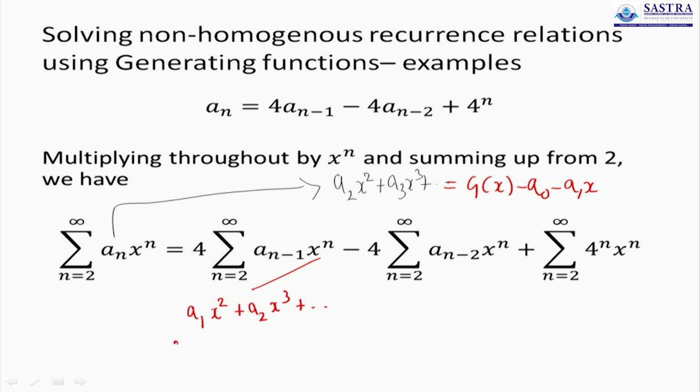So what we will do is we will write this as x times a1x plus a2 x squared plus a3 x cubed, so on. Now the indices and the exponents match, but what is this again? This is g of x from which I have removed a0. So this is x times g of x minus a0.